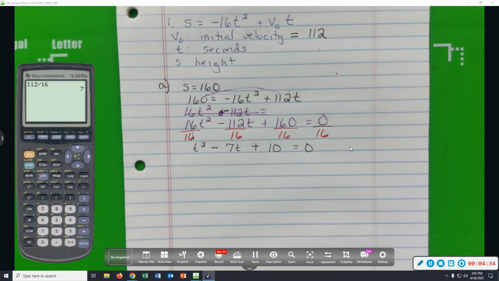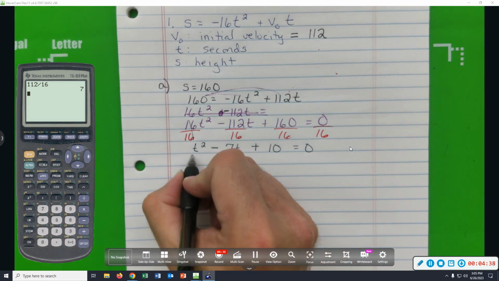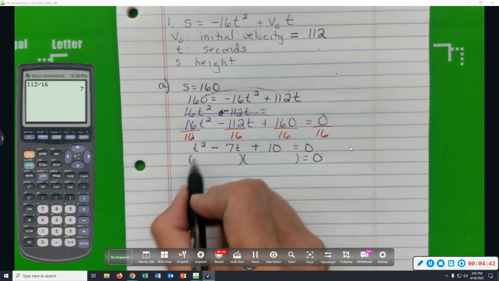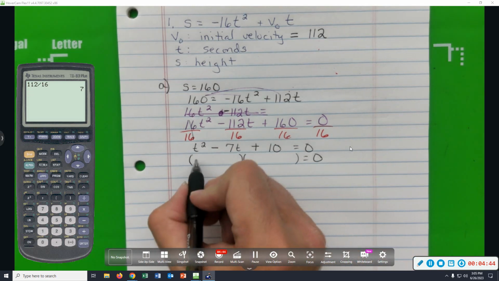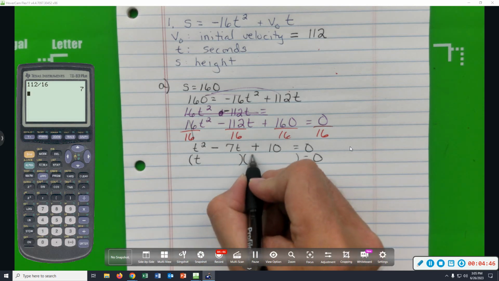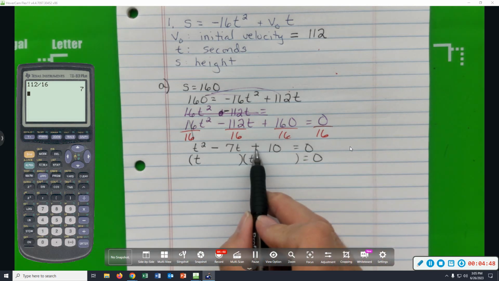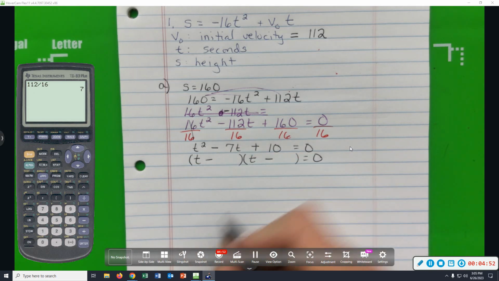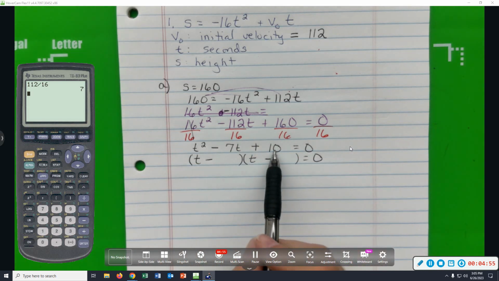Now, there's an equation we know how to solve. We can factor it. That's a simple trinomial. We'll just say t times t. The second sign is plus, so the first is minus, so it's going to be minus and minus. And what two numbers should we use to multiply together to give us a 10? A 1 times 10 or a 2 times 5?